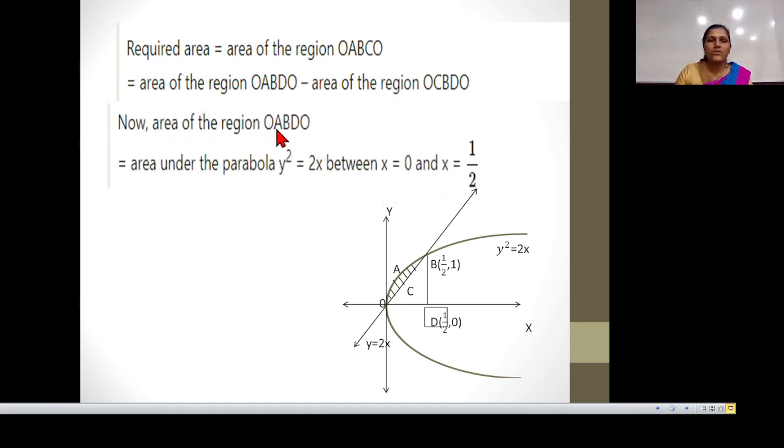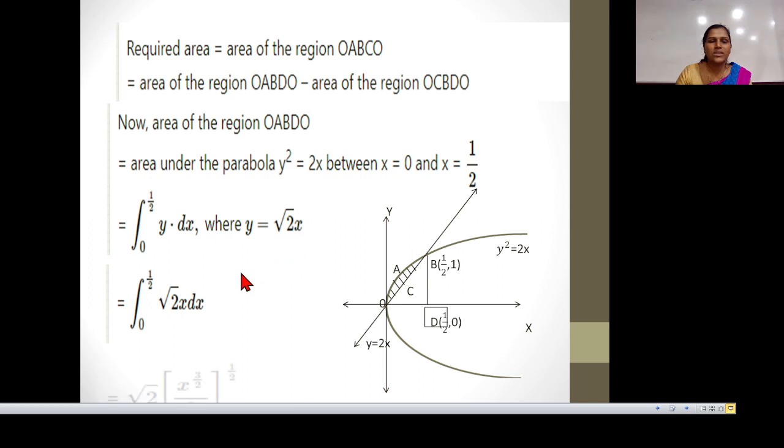Now the area of the region OABDO, that is the first area, is the area under the curve y square is equal to 2x between 0 and 1 by 2. So we will integrate y dx between 0 and 1 by 2, and here our y is root 2 into root x. So between 0 and 1 by 2, you have to integrate root 2 x dx.